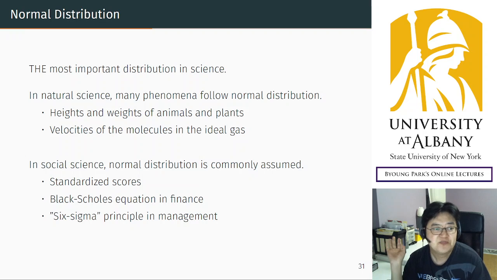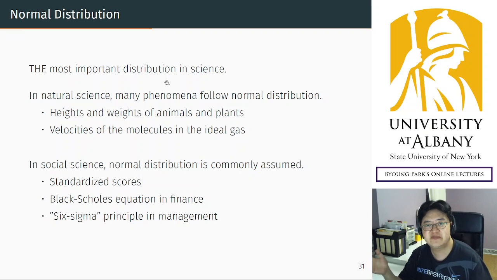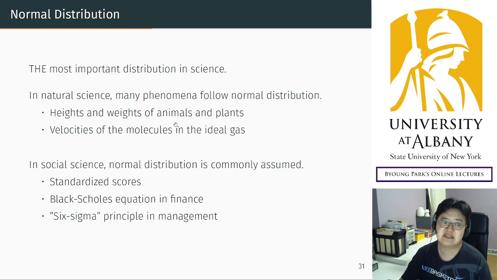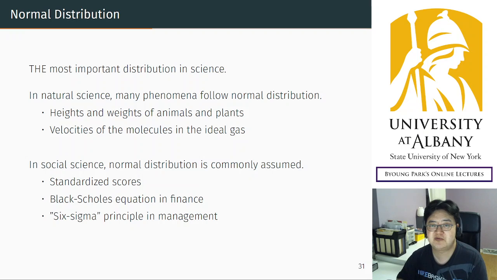In social sciences, natural sciences, of course mathematics, statistics, whatever, the normal distribution is the basis, right? For example, in natural sciences, what's interesting is that distributions you observe in nature follow the normal distribution. Heights and weights of animals and plants are approximately normally distributed, which is very interesting.